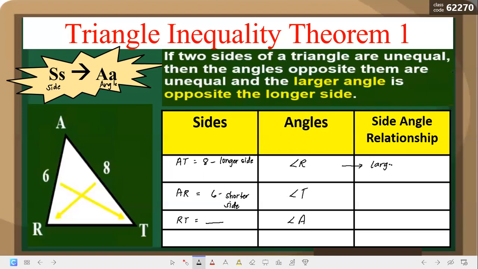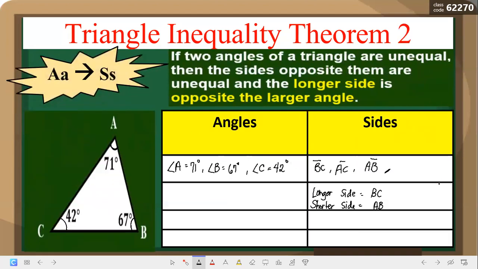Also with this one, since shorter side siya, smaller angle. So nakukuha po yung relationship. So yung longer side, opposite niya po is yung larger angle. And also with the shorter side, smaller angle naman po.